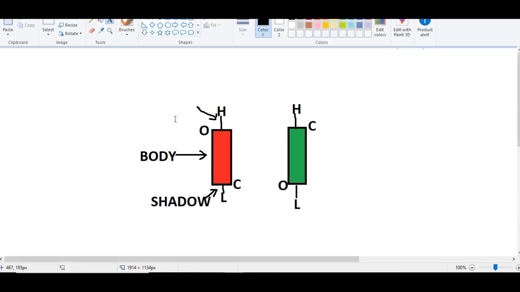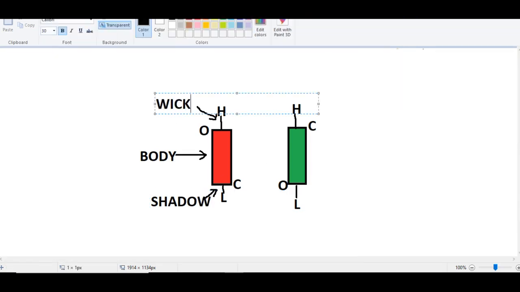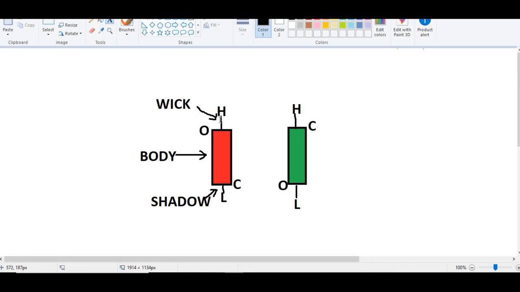You can either call it a wick or a shadow. So this is basically the breakup of a candlestick. The big colored portion is a body, and the lines that you see on the candlestick are the shadow or the wick, for a green candle or a red candle.